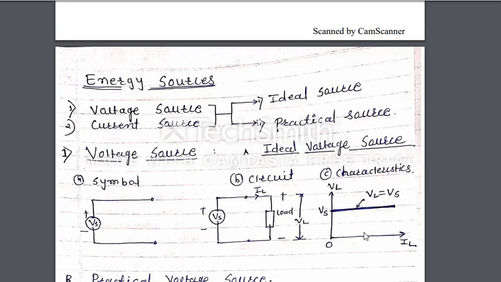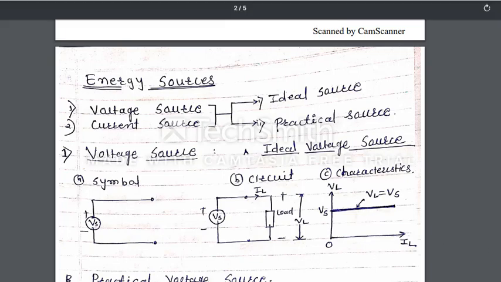So from this characteristic you can say at any time the value of the voltage at load terminal remains same. Okay, तो यहाँ पे क्या है, ये constant है. Okay, irrespective of current drawn through its terminal. IL is the load current. Okay, so this is the ideal voltage source.